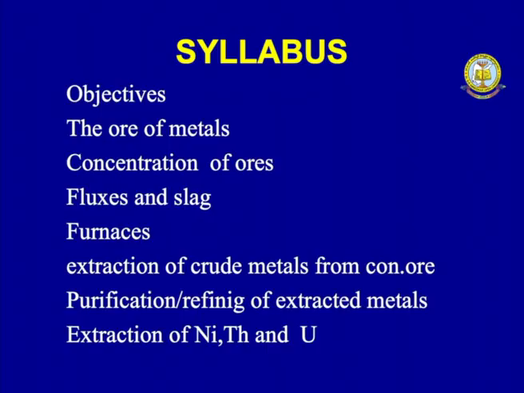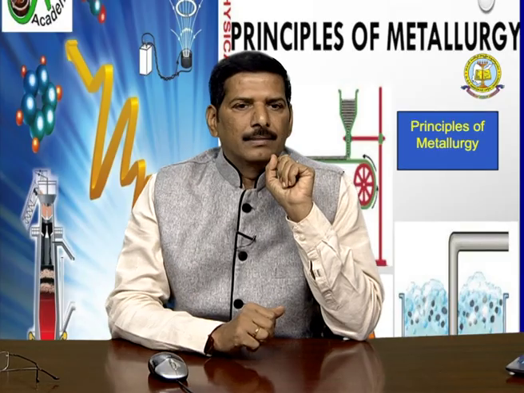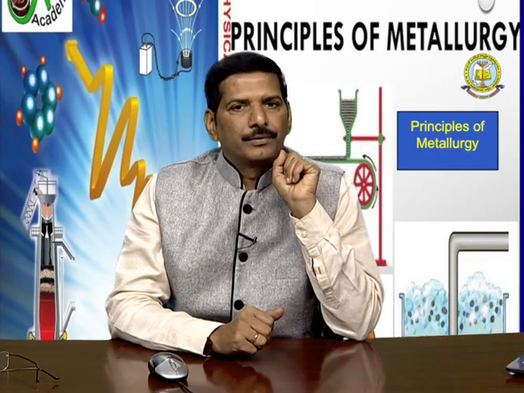First of all, you see in our syllabus: the ores of metals, the concentration of ore, fluxes and slag, furnaces, extraction of crude metal from the concentrated ore, purification or refining of extracted metals, and extraction of nickel, thorium and uranium. Before going into the syllabus, first we discuss the objectives.